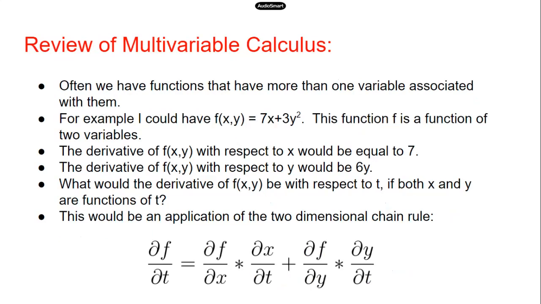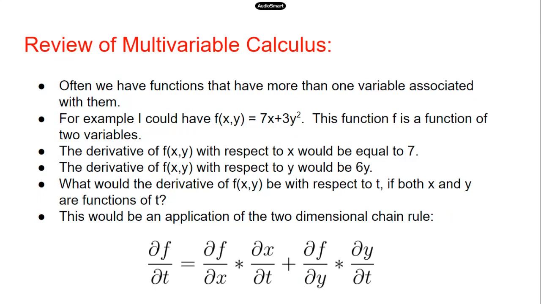But before that, I just want to quickly review calculus. We're just going to use this a little bit. Let's say we have some function, f(x,y) is 7x plus 3y squared. Let's differentiate this with respect to x. This term is not a function of x, so when we differentiate with respect to x, it's 0. It goes away. But 7x, if we differentiate it with respect to x, we get 7.